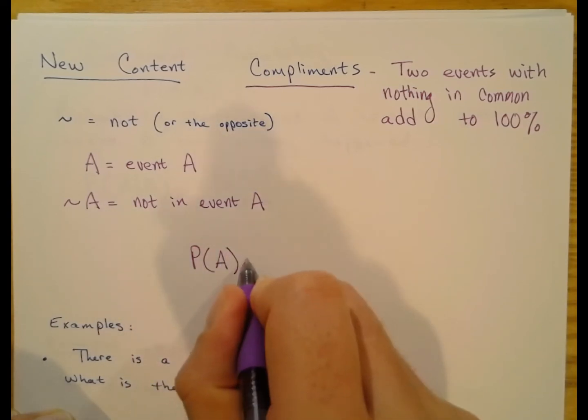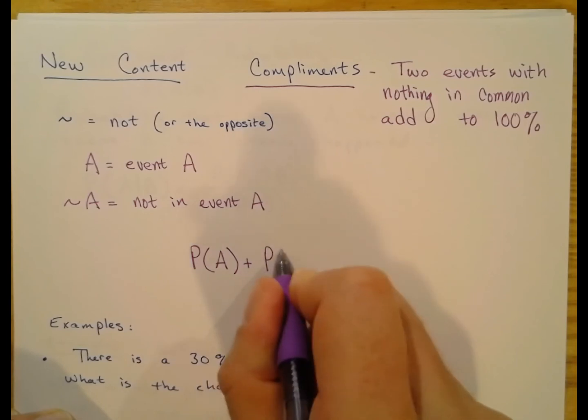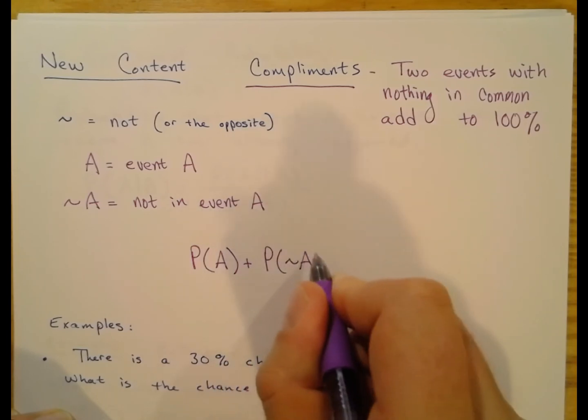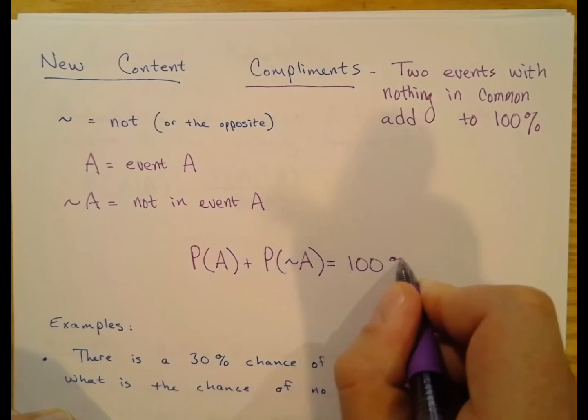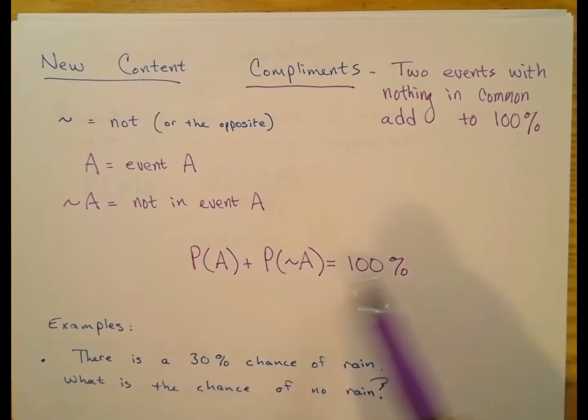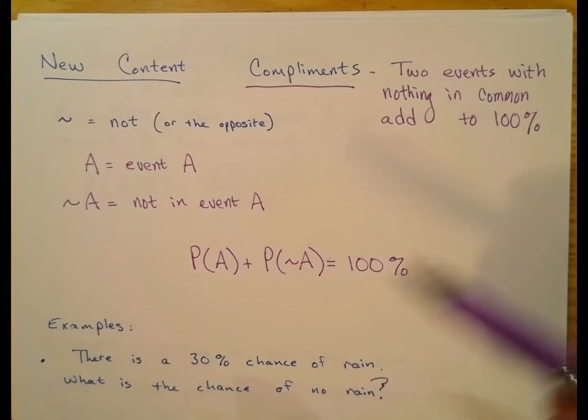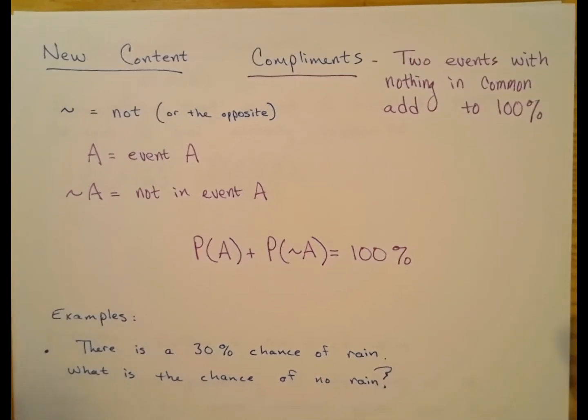And that's, again, only if the two events have nothing in common and they add up to 100%. So this actually sounds a little more complicated than it is. This is way easier than I'm making it sound. It basically goes like this.